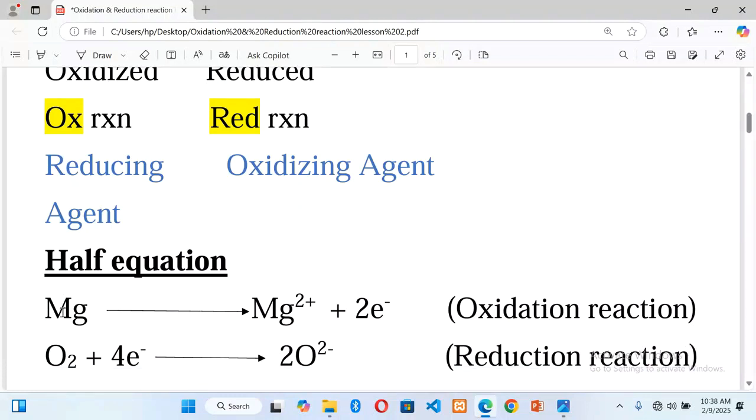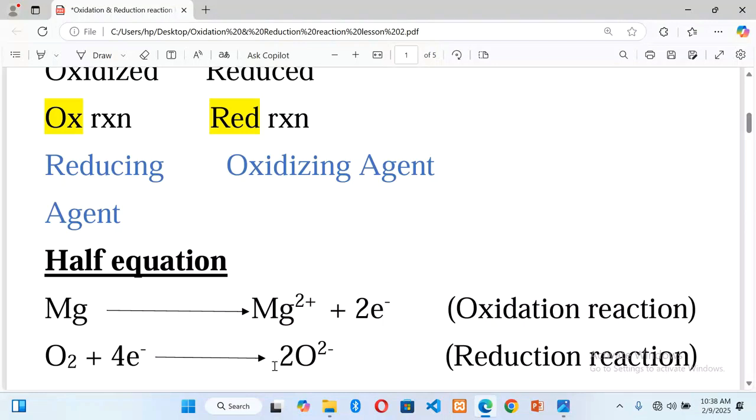We have magnesium being oxidized to magnesium ion, and oxygen being reduced to oxide ion. So we are balancing the electrons here, because here we have two atoms of oxygen. We also need to add a 2 here so that it balances.